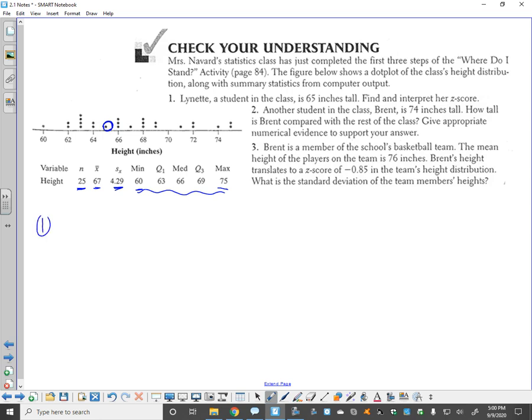Okay, so checking your work. Number 1, so Lynette's Z-score is going to be 65 minus the average of 67 over the standard deviation. I know it's going to be negative. I got negative 0.466. It says find and interpret her Z-score.